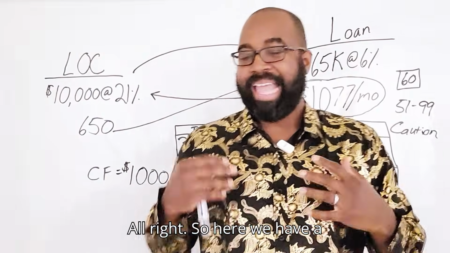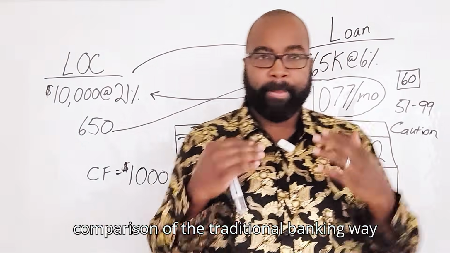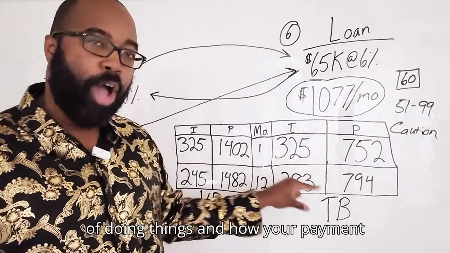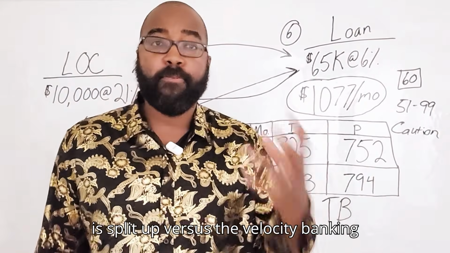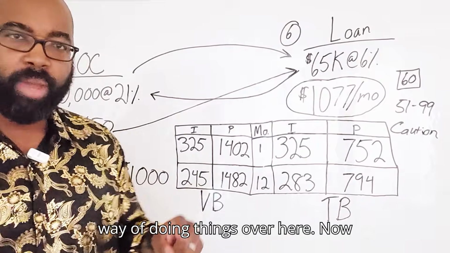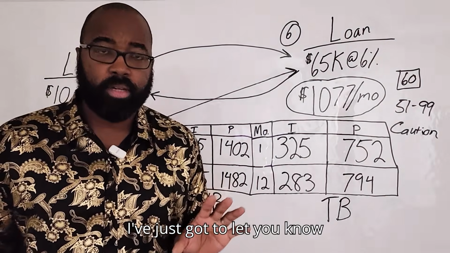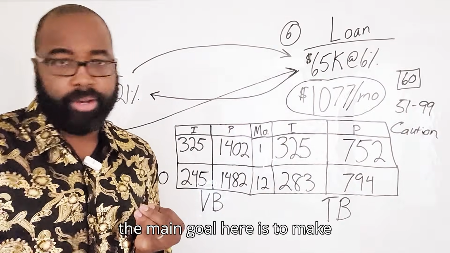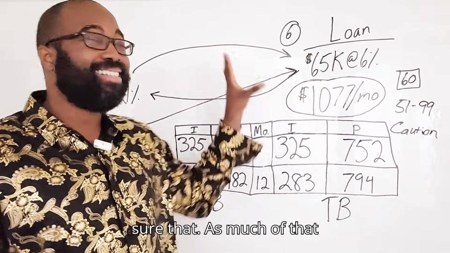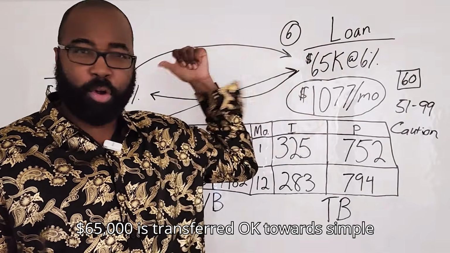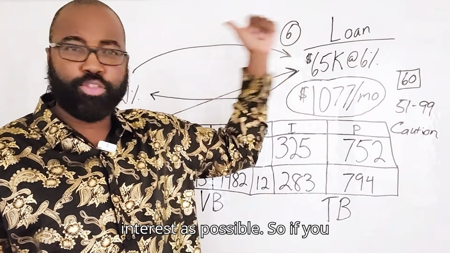All right, so here we have a comparison of the traditional banking way of doing things and how your payment is split up versus the velocity banking way of doing things over here. Now, I've just got to let you know, the main goal here is to make sure that as much of that $65,000 is transferred towards simple interest as possible.